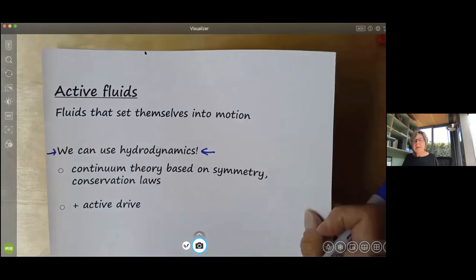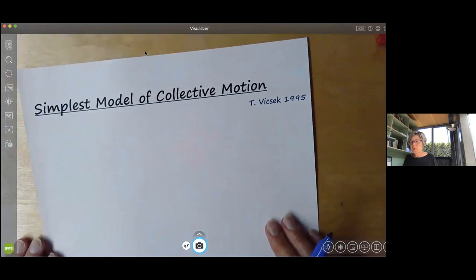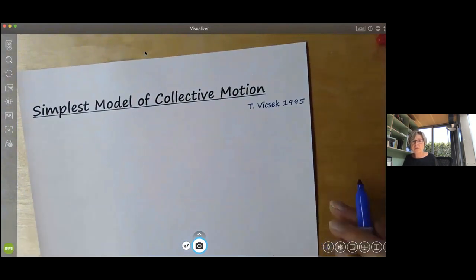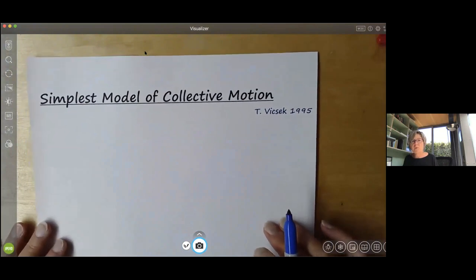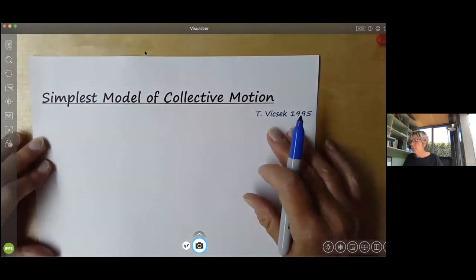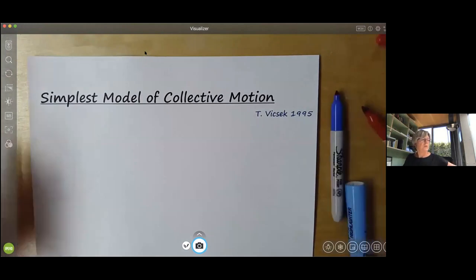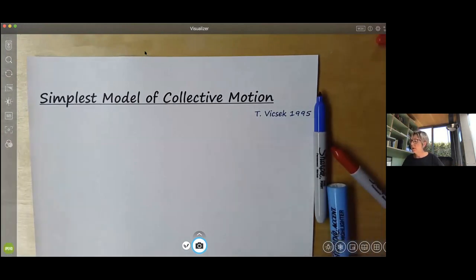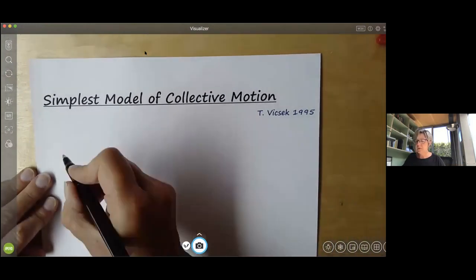So let me now be more specific and tell you about a specific model of this emergent behavior. The simplest type of emergent behavior, of course, is collective motion. A bunch of bacteria or a bunch of birds, all moving together in a synchronized and coherent manner. The simplest model of collective motion is one that was developed some time ago due to Tamás Vicsek, who essentially said, well, let us think of an active particle simply as an arrow.